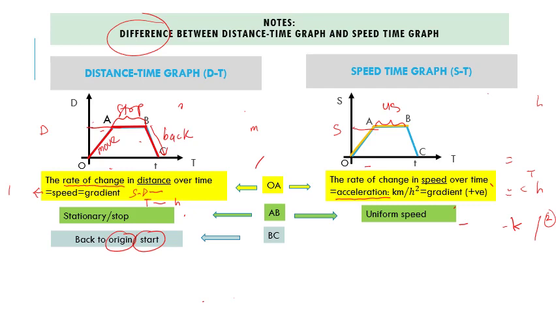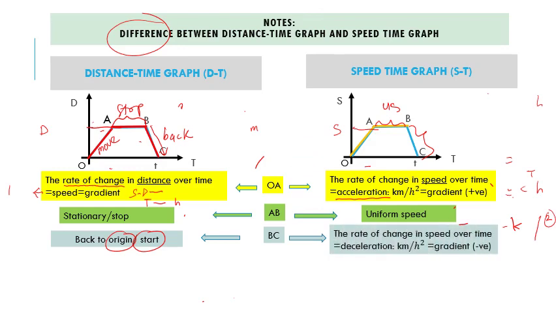Okay, and for this one, the speed time graph, the meaning is what? The speed is decreasing. So when you are driving, you're not pressing the gas pedal, you let it go. So the speed is decreasing.